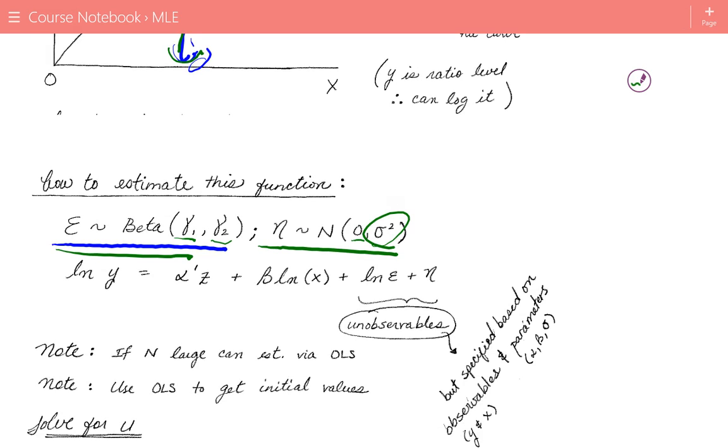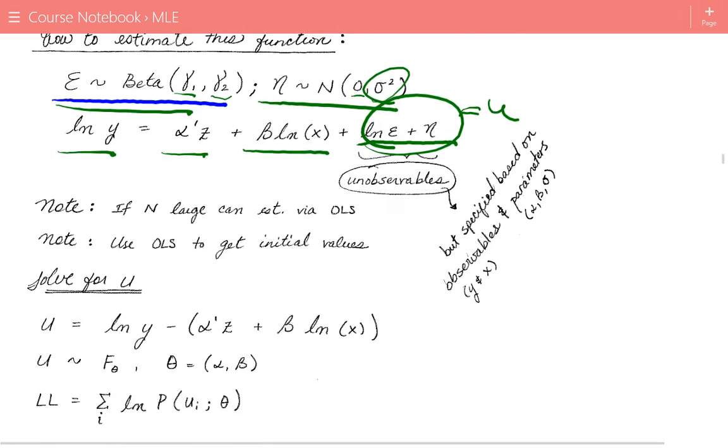So if we take the log of the above function, we have the log of y is alpha transpose z, beta times the log of x, and then this log epsilon plus eta. And these are unobservable. This is a particular error term you could think of. Well, one possibility would be to go ahead and use a least squares estimator, ordinary least squares, although actually, it depends on the nature of it as to whether you get fancier than that, but basically some least squares estimator.